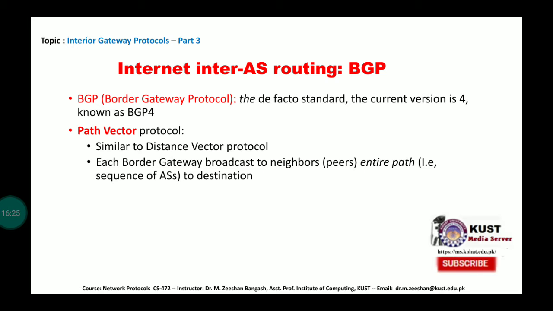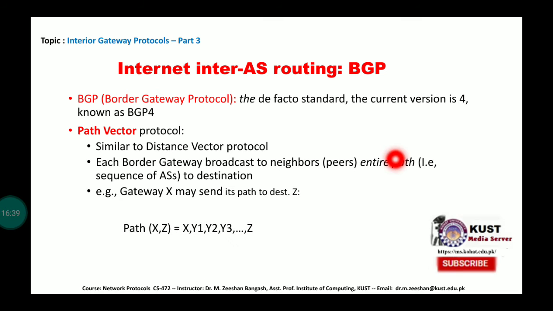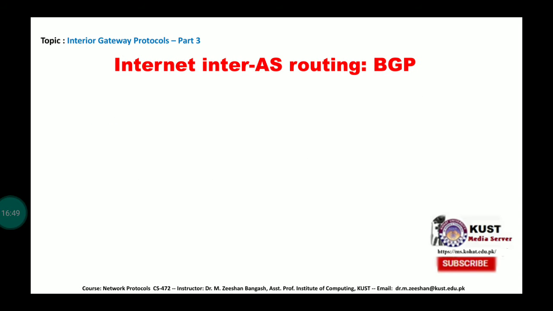border gateway router. Now, for example, if the gateway X, or the border router X, wants to send its path to the destination Z, the path can be from X to Z, that is X, Y1, Y2, Y3 up to Y, and that is shared with its neighbor border gateway router.